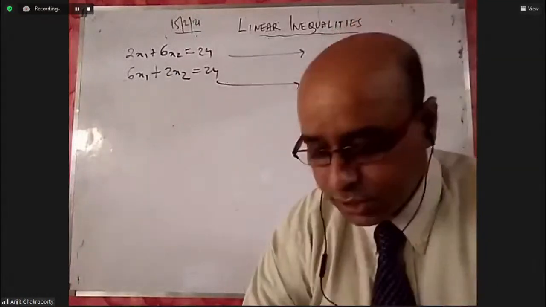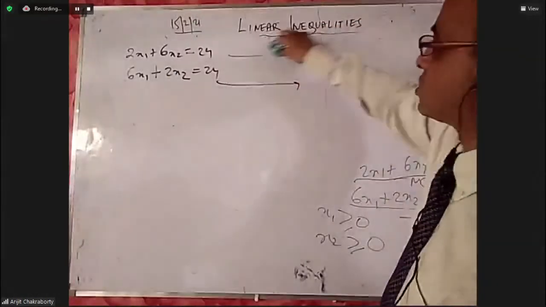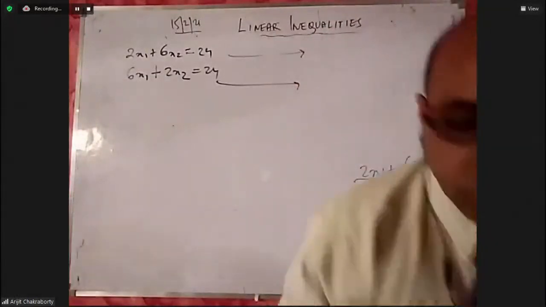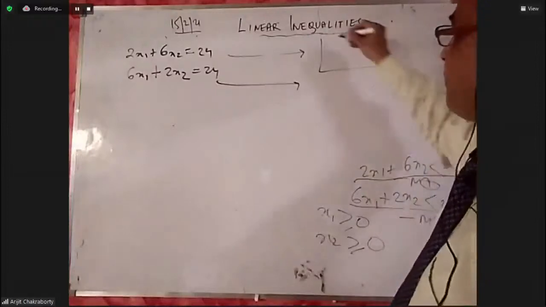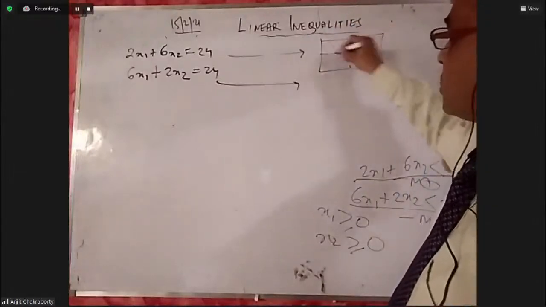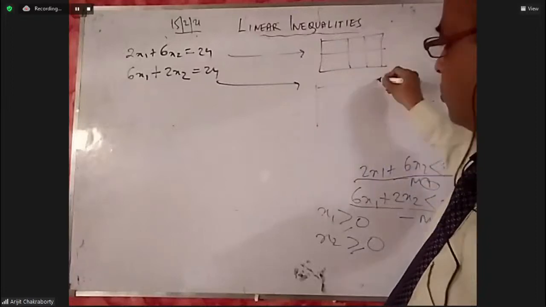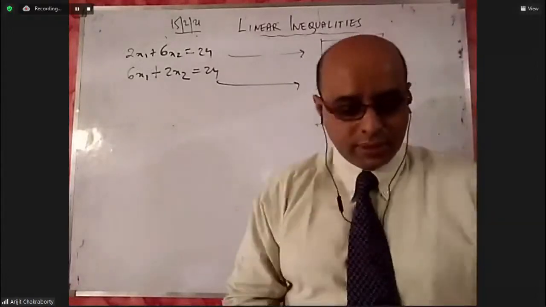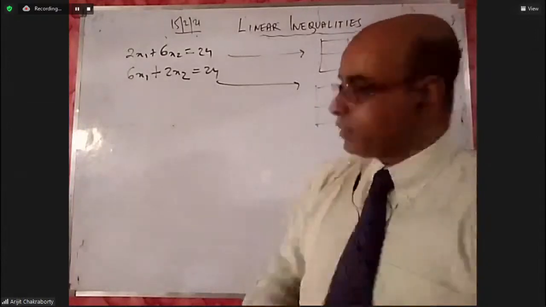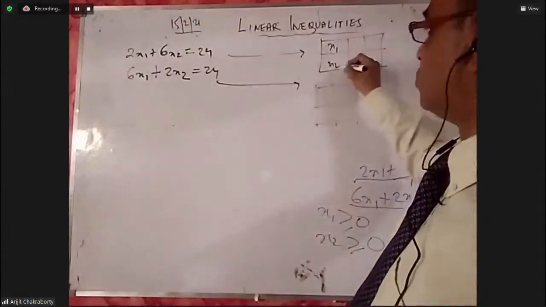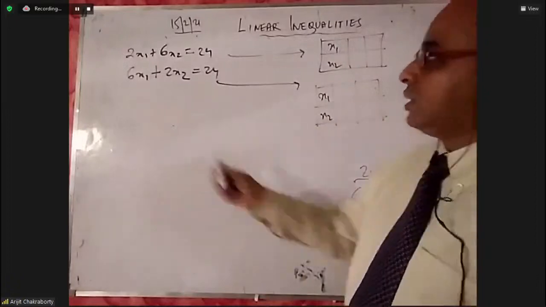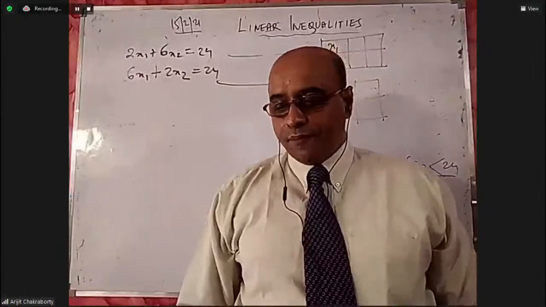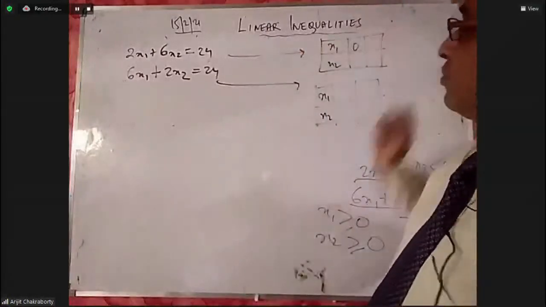A box means I have to find the possible values of x1 and x2. I will draw two boxes and write x1, x2, x1, x2. For the first equation, 2x1 plus 6x2.